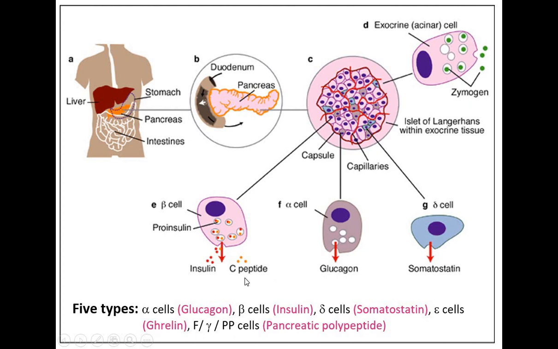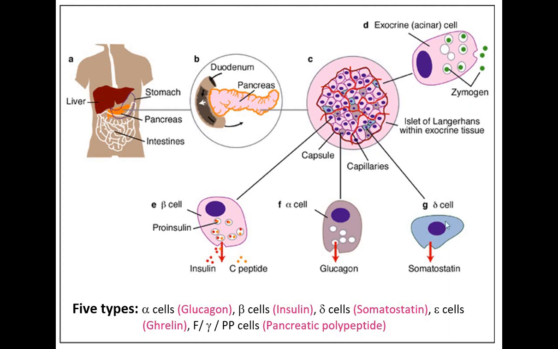Antagonistic hormones means hormones which oppose the action of each other, right? So both are antagonizing each other, but the levels of both insulin and glucagon are important to maintain overall homeostasis, equilibrium, and maintenance of the blood glucose level.